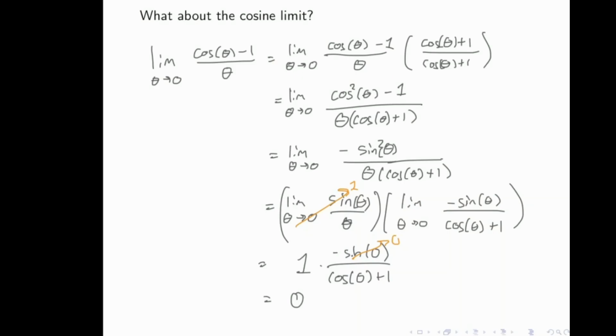But to differentiate the numerator and the denominator here, you need to know what the derivatives of sine and cosine are. And those are proven by using this limit. So L'Hopital's rule can be circular if you're not careful about it. So here's another justification of why these trig limits are the way they are.